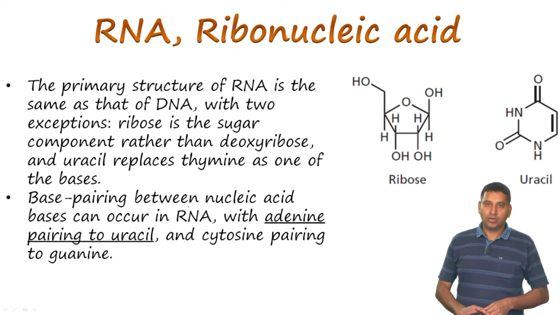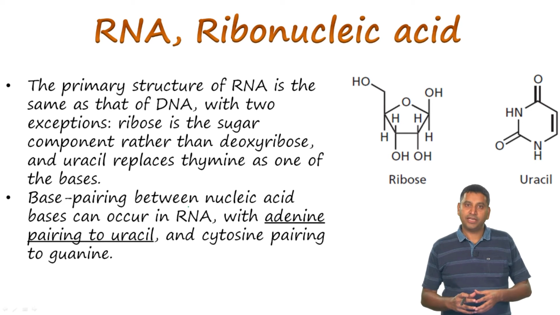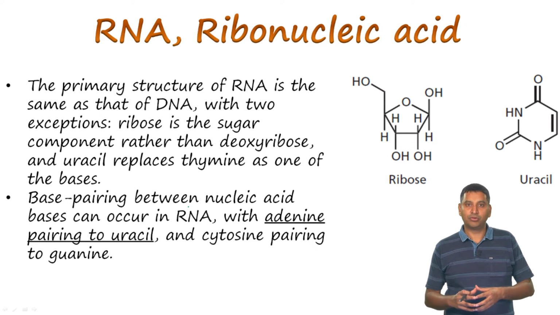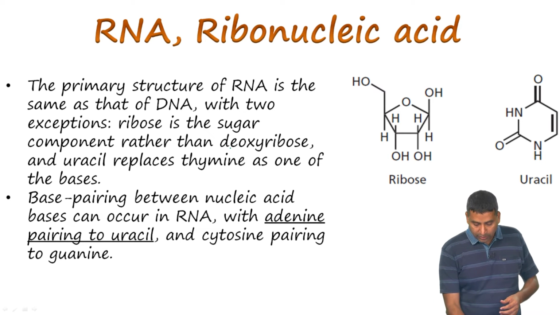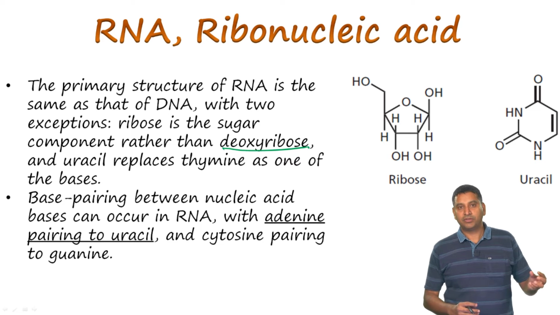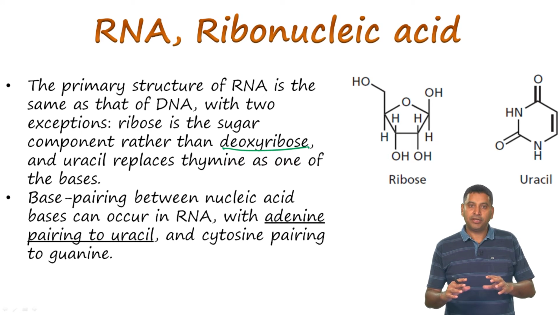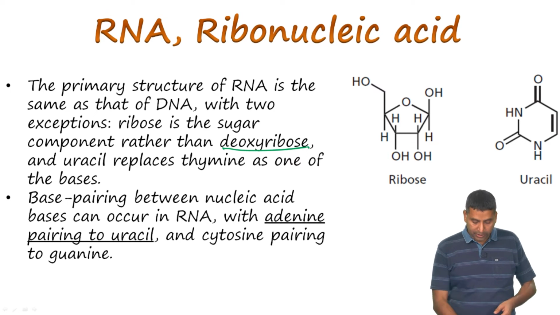Now let us look at the structure of ribonucleic acid, also known as RNA. The primary structure of RNA is nearly identical to that of DNA, except that it has a ribose sugar and it is not a deoxyribose. Deoxyribose is the main sugar in DNA, whereas in RNA the main sugar is ribose. The base pairing between the nucleic acid bases can occur in RNA with adenine pairing with uracil.